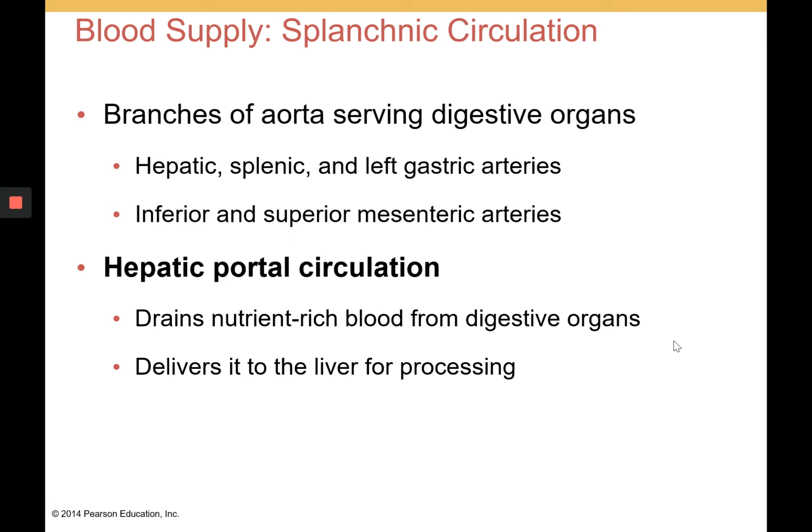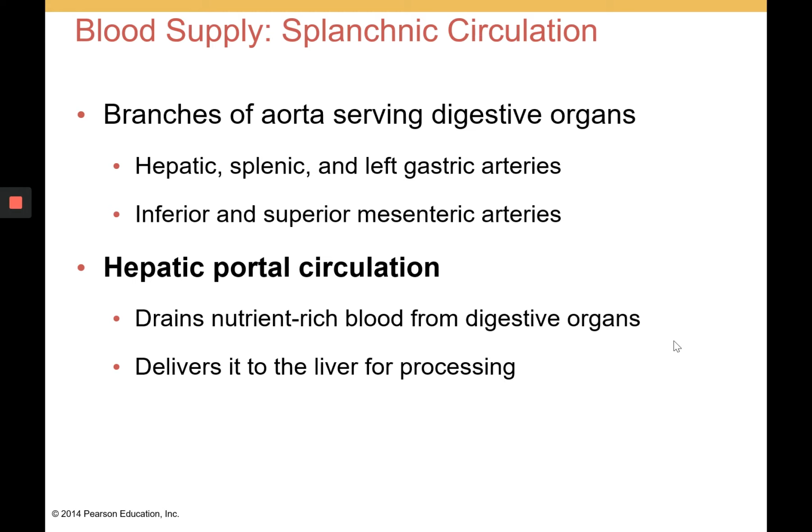The blood supply to the digestive system, sometimes called the splanchnic circulation, because branches of the aorta serve digestive organs such as the liver, the spleen, and the stomach. You'd also see things like hepatic, splenic, gastric, and mesenteric as terminology used to talk about the vascular supply to the digestive system. We also want to remind ourselves about the hepatic portal circulation. A portal circulation has two capillary beds connected by portal veins.